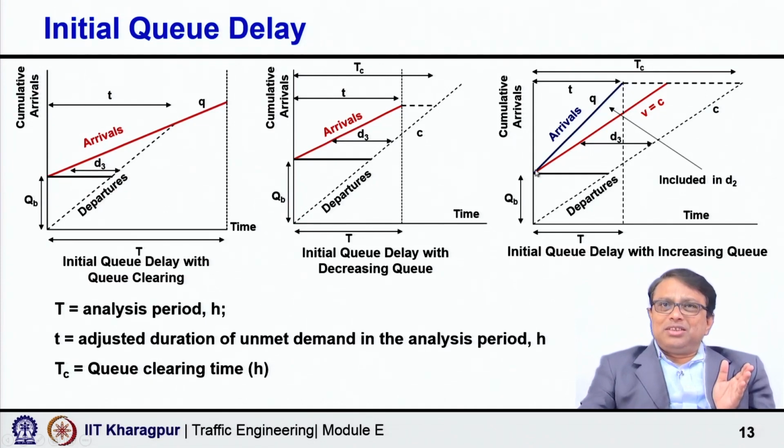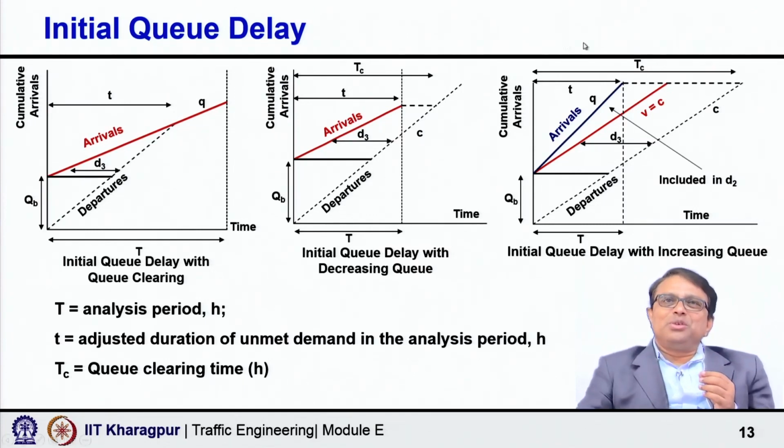You can see here, this is the arrival and the dotted line is the departure, and the red line shown here is parallel to the departure, right. So, in this case the arrival line is on the left side of this red line, which is v equal to c, and here the arrival line is somewhere on the right side of the line where arrival is equal to the departure.